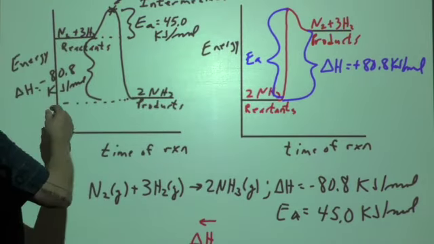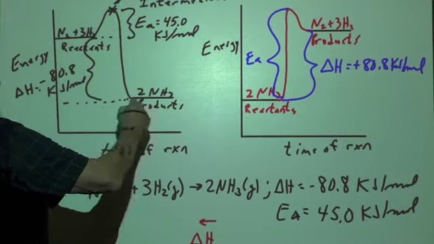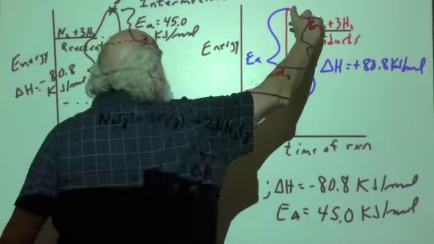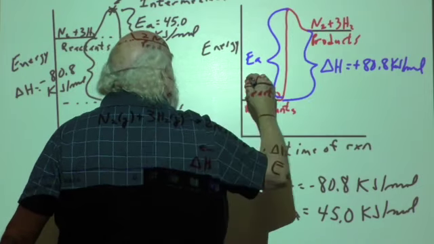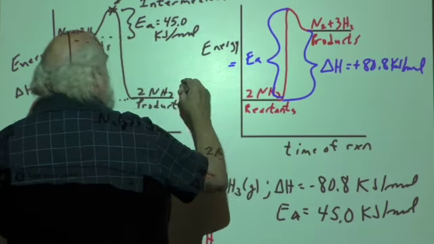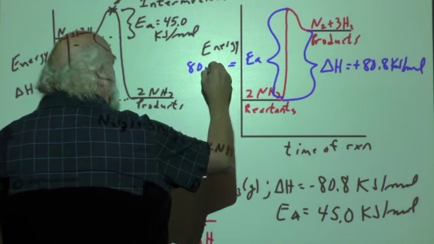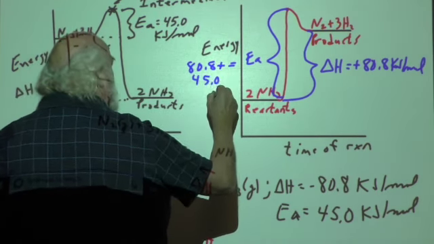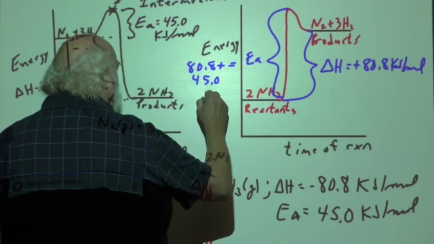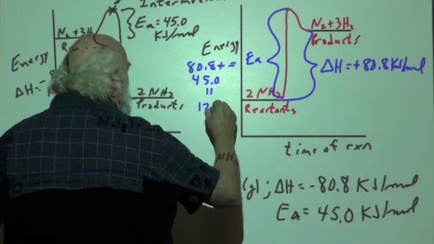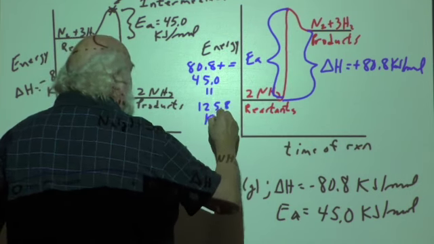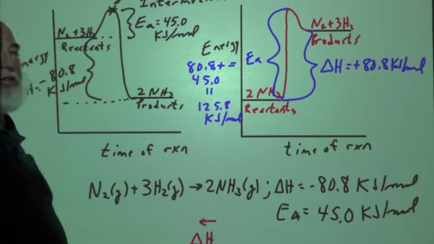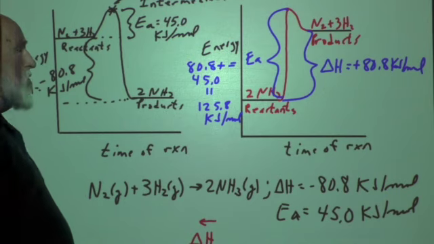It's going to be the sum of the positive 80.8 from here to here, and the 45.0 we said is going to be right here. So that's going to be equal to 80.8 plus 45.0, and that is going to be equal to 125.8 kilojoules per mole.